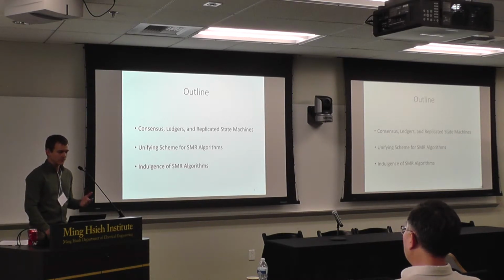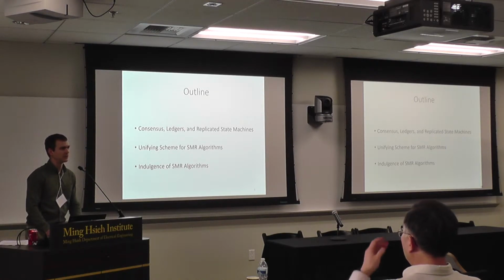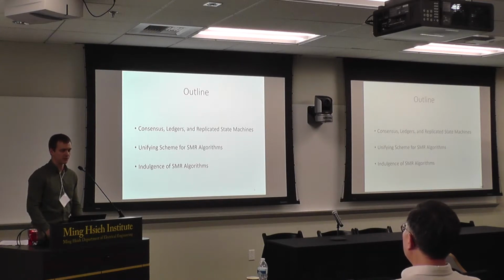Then, in the end, I will present what we call indulgence of state machine replication algorithms, which basically is a view of how the guarantees that these protocols offer depend on the assumptions the systems need to have.